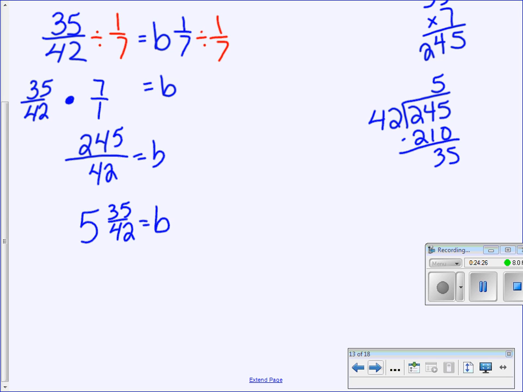But I'm still not done. 35 over 42 can be reduced. They're both divisible by 7. So 5 and 5/6 equals B. If you'd rather write it that way, because we have to label it. How do we label it? What is the unit?